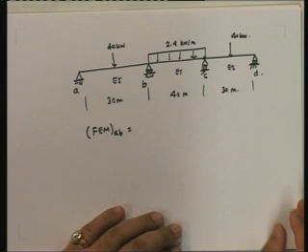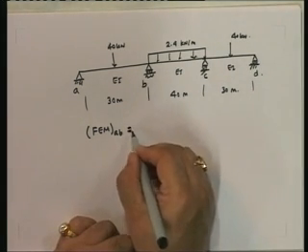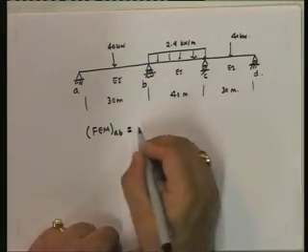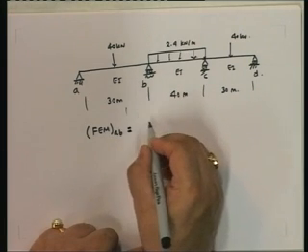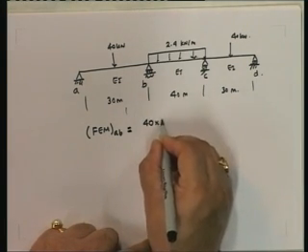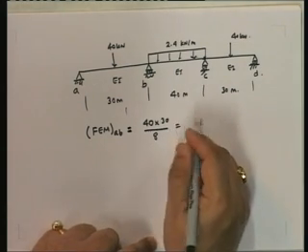The first step is to calculate fixed end moments. When you take fixed end moments, you don't worry about whether it is a modified member or not. You calculate fixed end moments as if everything was fixed. So for this one, it's going to be 40 into 30 divided by 8.